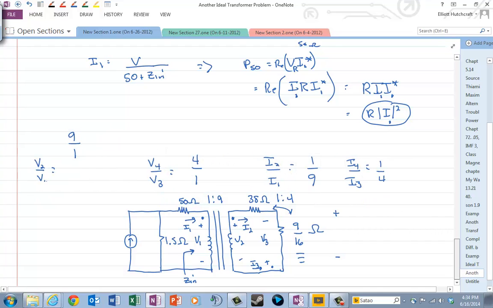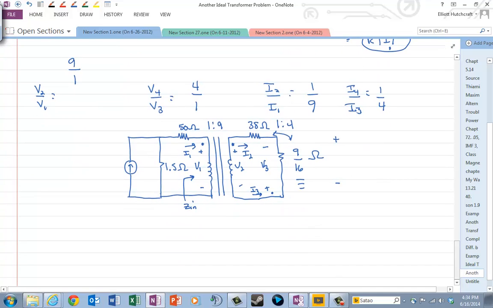And what that tells me is that I really don't need V4 and V3 quite yet, but I do need these. So that tells me that V2 is 9V1.